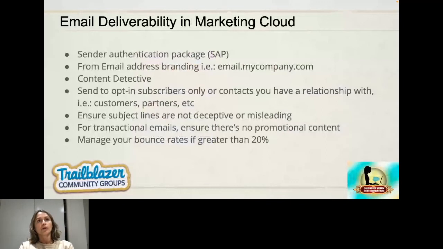All right, so the next thing on our agenda is email deliverability, and I know there were some questions in the chat, but Marketing Cloud has some key elements that help with email deliverability and optimization, such as the sender authentication package. This is Marketing Cloud's branding tool. It provides you with a unique branded domain.